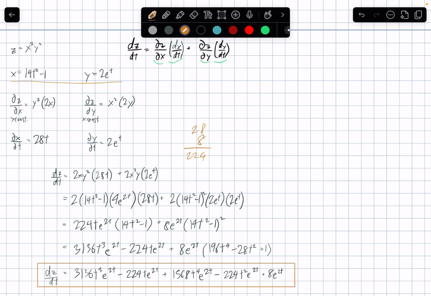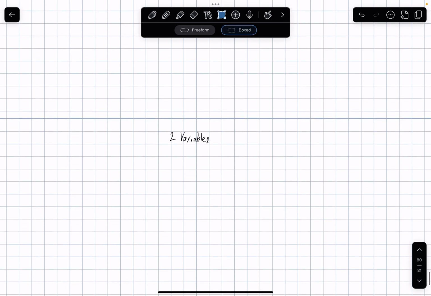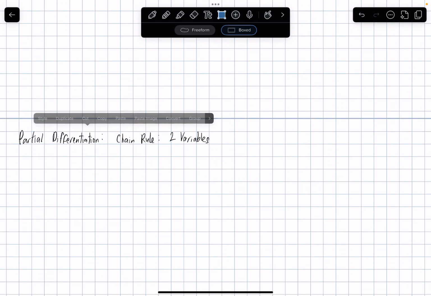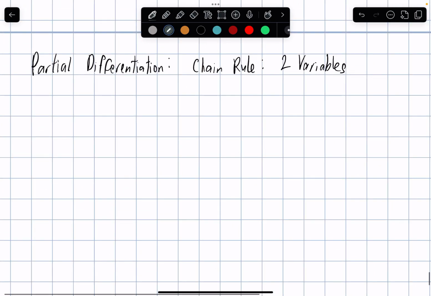Okay, we're done with one variable. This time, let's have an example on two variables. Let's try z is equal to... wait a minute.